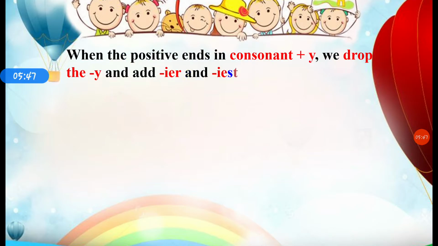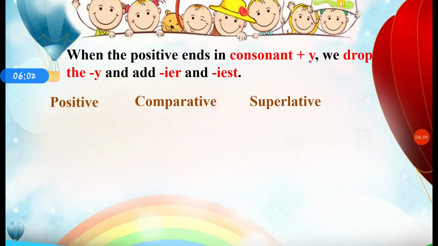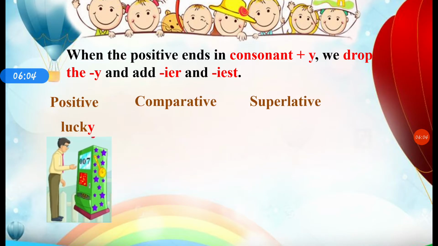When the positive ends in consonant plus Y, we drop the Y and add IER and IEST. Example: lucky. See, here in the positive degree, the adjective lucky ends with consonant plus Y, that is K and Y. So we drop Y here and add IER in the comparative.